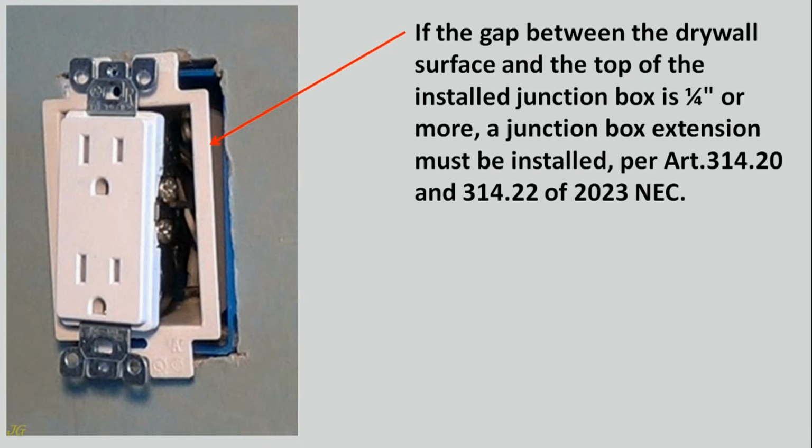If the gap between the drywall surface and the top of the installed junction box is 1/4 inch or more, a junction box extension must be installed, per Article 314.20 and 314.22 of 2023 NEC.